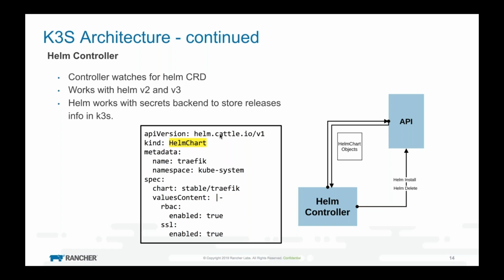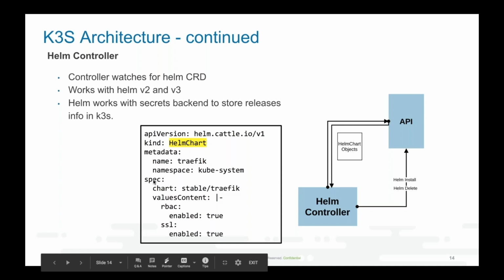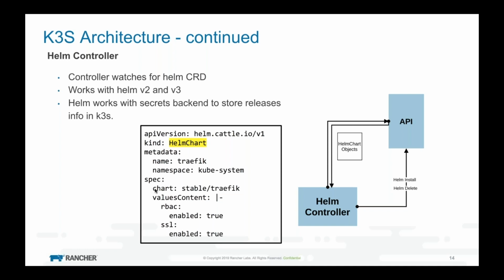So basically, we created a custom resource definition, or CRD, called Helm chart. And this custom resource definition has a specific spec that you can point to the chart or the URL of the chart, and you can pass the settings in this chart using the values content, or using set for different values.